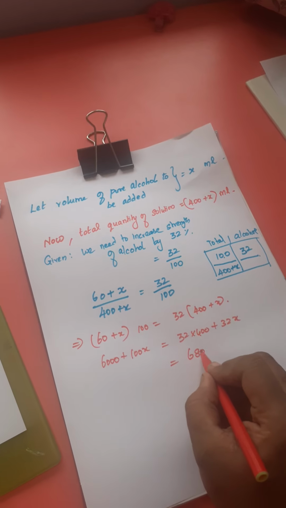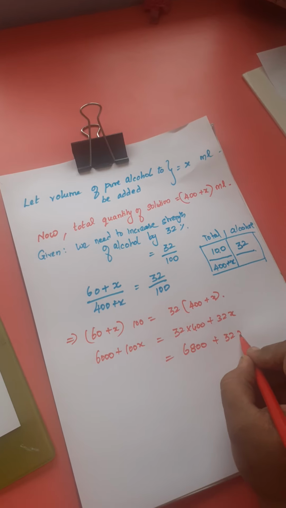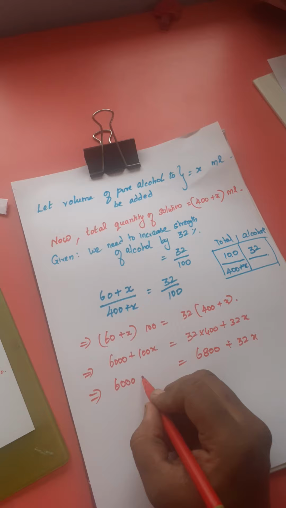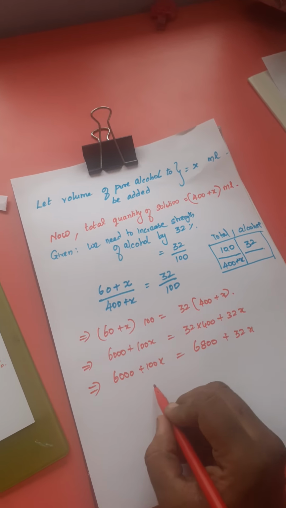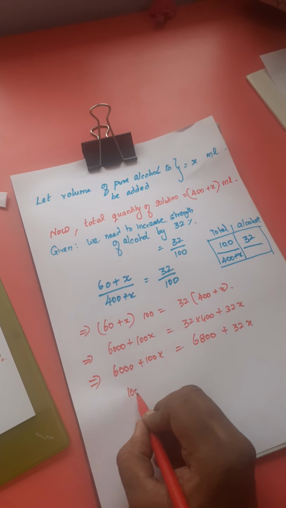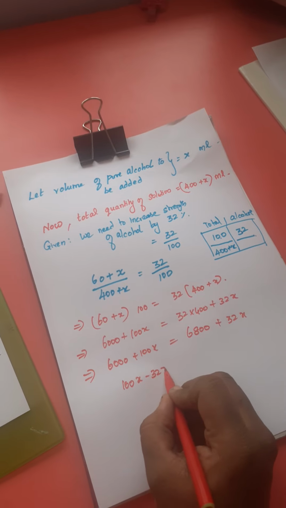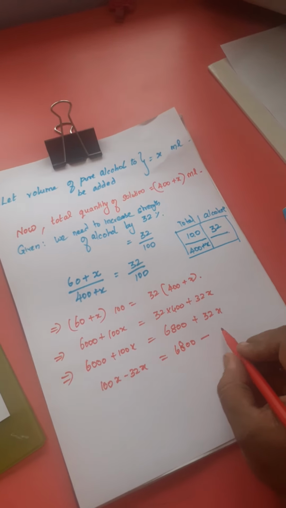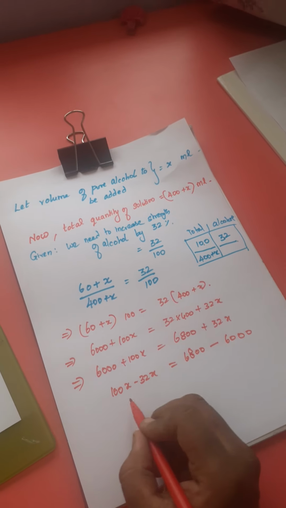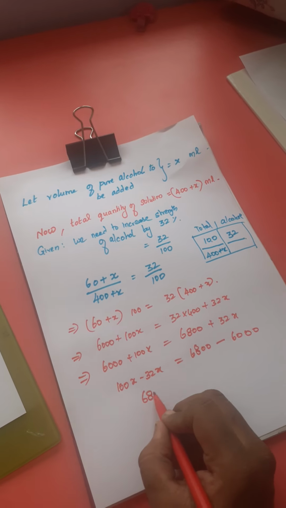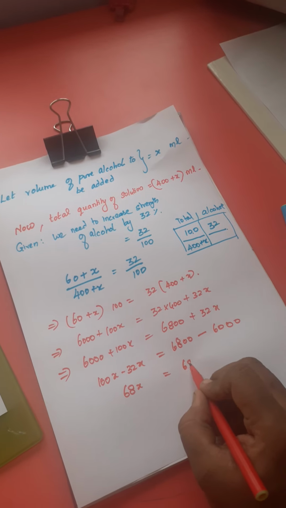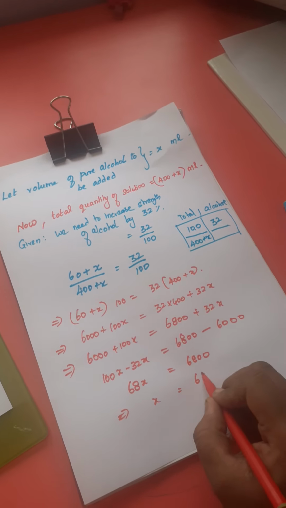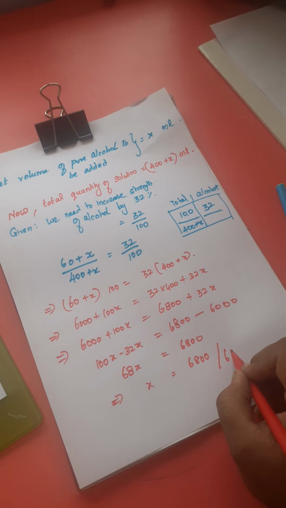It is 12800, so 6000 plus 100x equals 12800 plus 32x. Let me collect the x terms on the left side and known quantities on the right side. So 68x is equal to 6800, which implies x is equal to 6800 divided by 68.